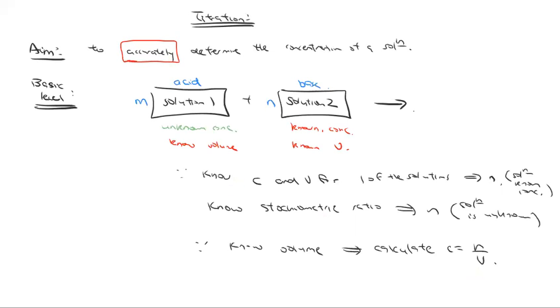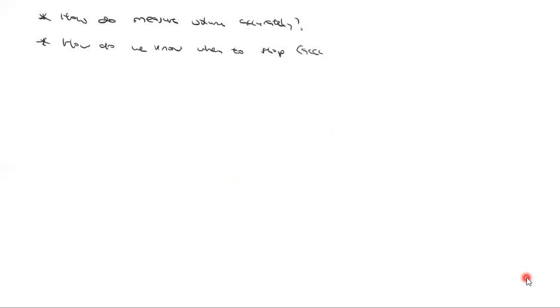And so that's where we have to start asking questions like, how do we measure volume accurately? How do we know when to stop accurately? Like, how do we know we didn't go over by a lot?